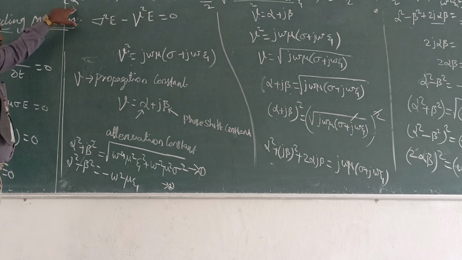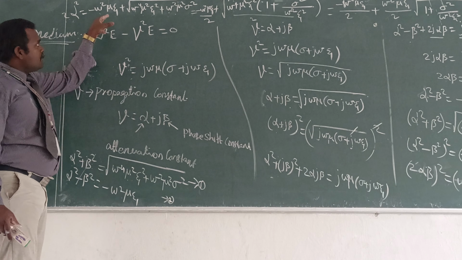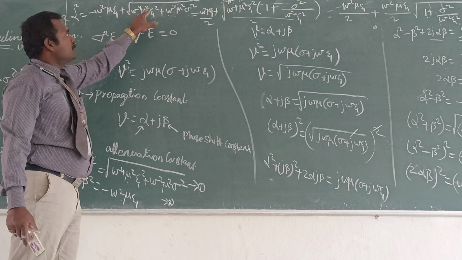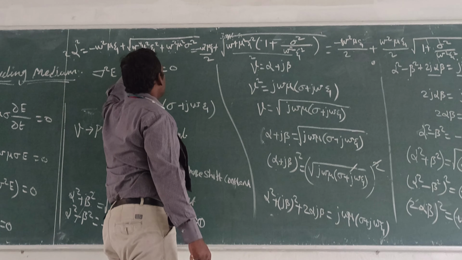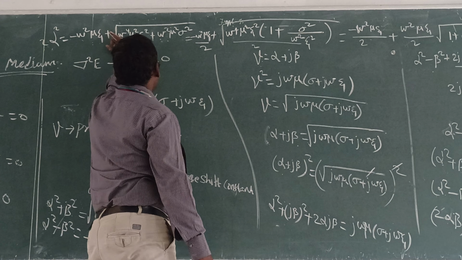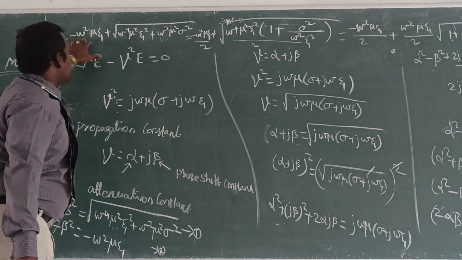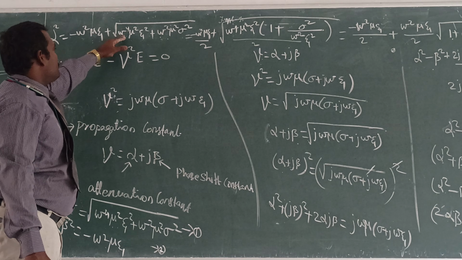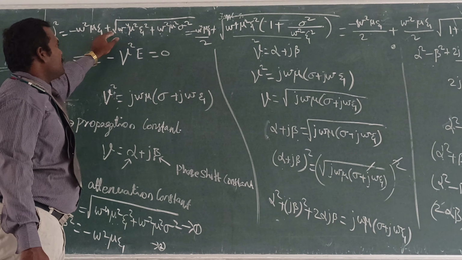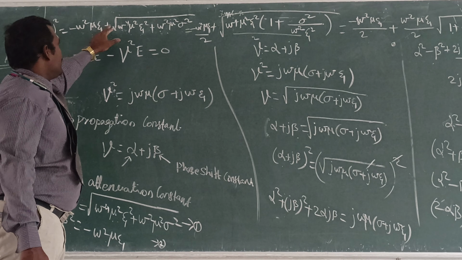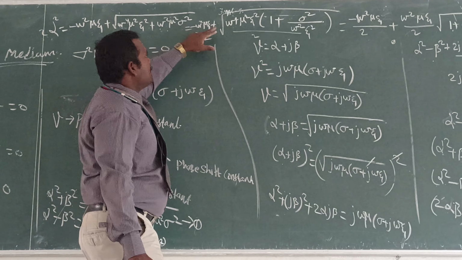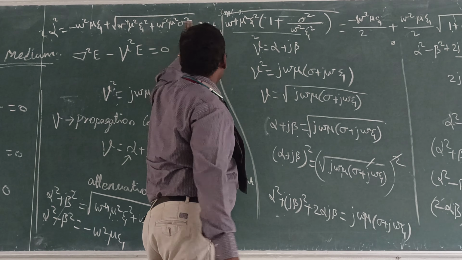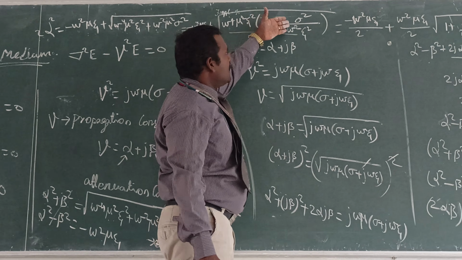The 2 alpha square should be equal to the same term plus this. Both terms have the common term omega square, mu and sigma, so you can take it out of the entire term, and write the other terms like this.